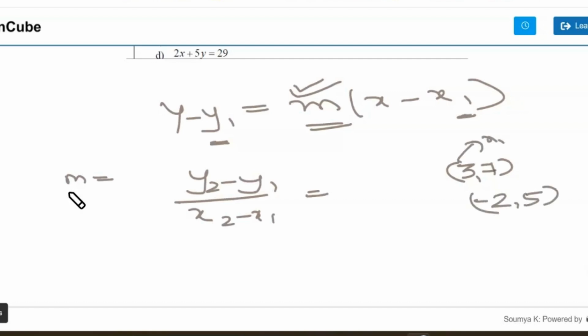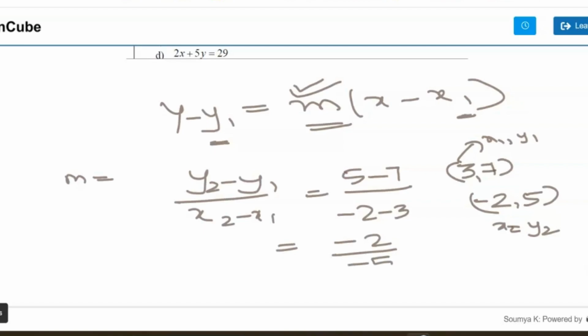This is x1, y1, x2, y2. Now let's substitute and find our slope. y2 is 5 minus 7, over minus 2 minus 3. After solving, the negatives get cancelled, and 2 by 5 is the slope of this particular line.